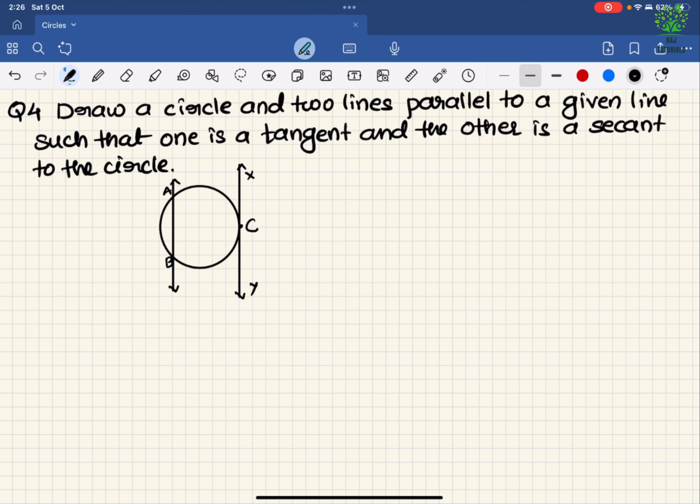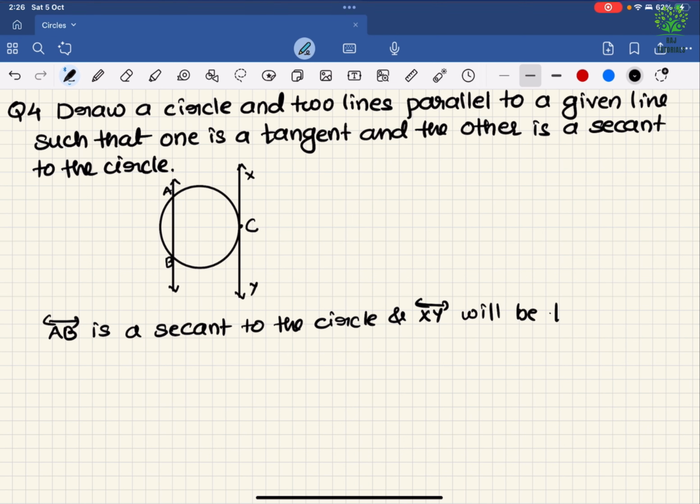So I can say the line AB is a secant to the circle and the line XY will be a tangent to the circle.